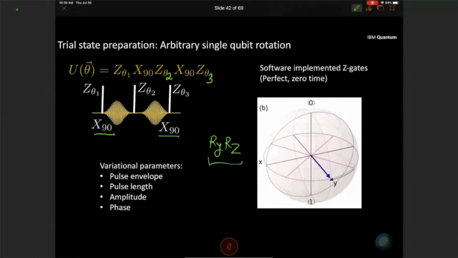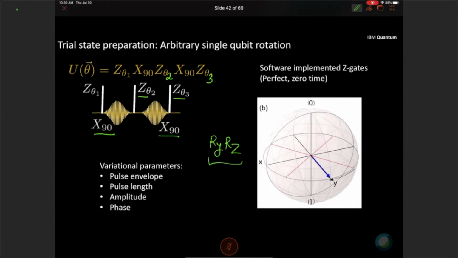It's fairly easy to go through and see that this structure can let you land on any point along this Bloch sphere. One aspect of this kind of operation is that while the X90 pulses take a physical amount of time, the Z rotations you can actually do in software. If you look at this Bloch sphere, a Z rotation is basically a rotation of the XY frame.